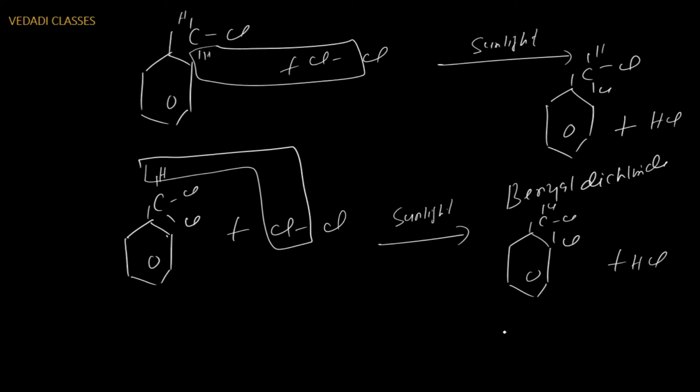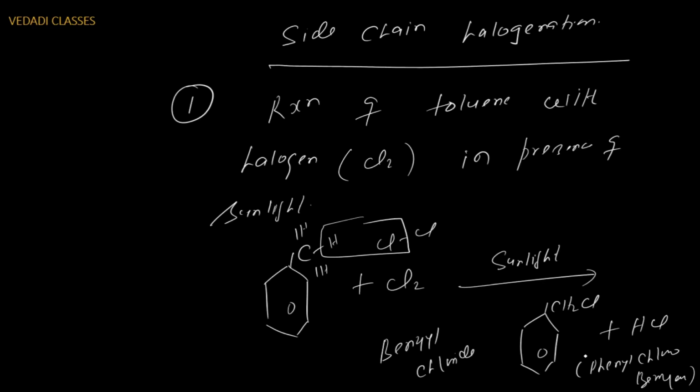So this is benzotrichloride. We can also say it is 1,1,1-trichloro-1-phenylmethane. This is phenyl trichloromethane. This is not the benzene over here, this is the phenyl, and we say methane.